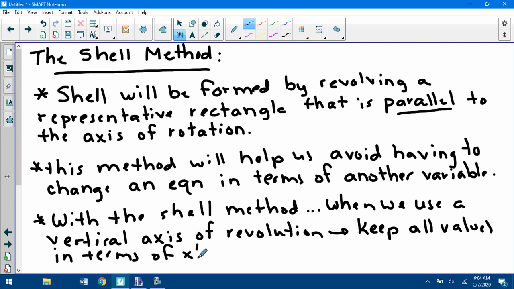That's just like what I've been saying. A vertical axis of revolution means essentially we're going around the y-axis or some up and down line like that. And I don't have to do dy in that case anymore. Now I can do dx, which will make some of our questions a lot easier.